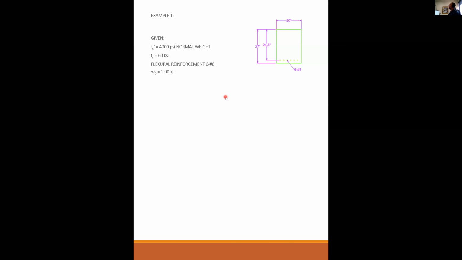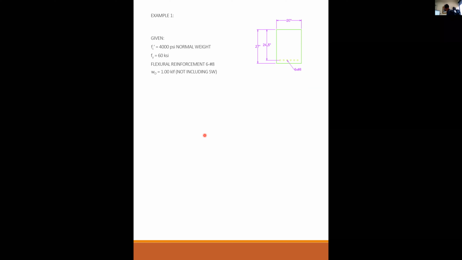All right, back to example number 1. The dead load, including the beam, is 1 kip per foot. Oh my gosh, I can't believe I just did that. Oh, this is hilarious. Well, here's an example of how I would tell you that the self weight is not included in the beam.